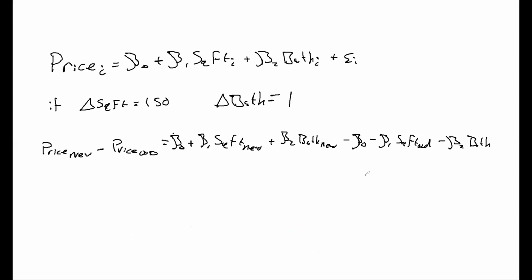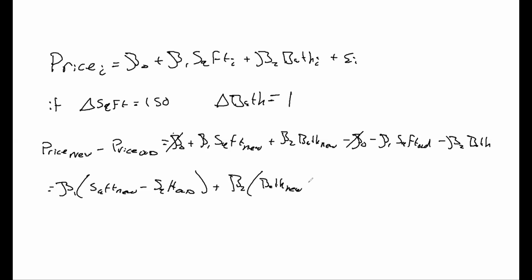We want to know the difference. So our intercept cancels out, and we can factor beta 1 out. This gives us square feet new minus square feet old, plus beta 2 factored out, times the number of bathrooms new minus the number of bathrooms old.